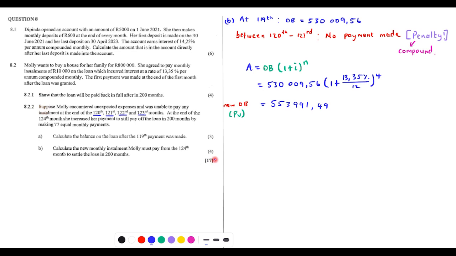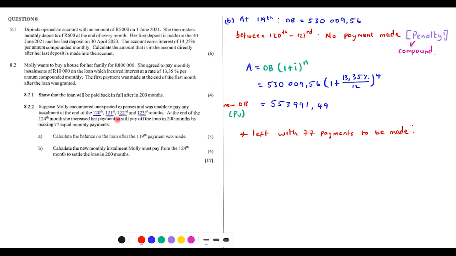So for your new monthly installment, remember now, after changing the 1/20th to 1/3, to get to 200, we are left with 77 payments to be made. So now to get our new installment, remember, she said that she wants to have equal monthly installments.